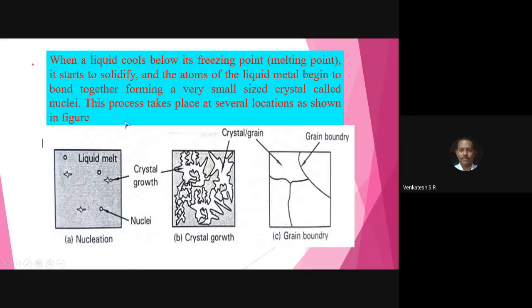All of you please write down three diagrams. Write down first three nuclei like this, and the structure looks like a star. This is the liquid melt, and the nuclei grow in size, attract the neighbor nuclei and form the crystal structure like this, looks like a star with four arms.